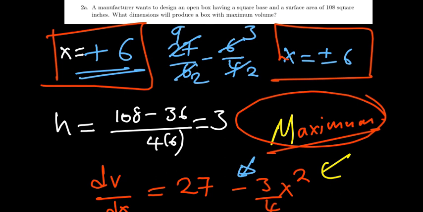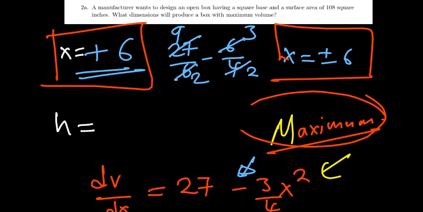So our height is 3. So we now know the dimensions of our box, right? Our L is equal to 6, our height is equal to 3. Those are the dimensions of our box, which will produce a maximum volume.